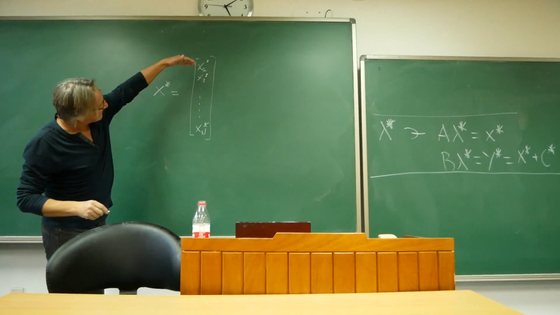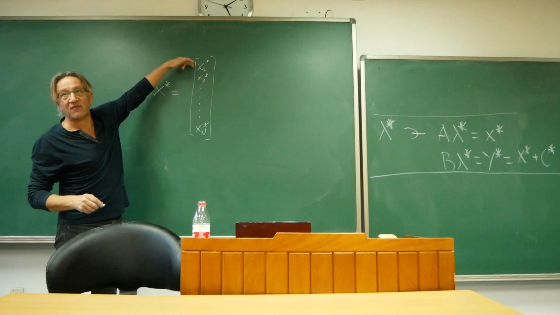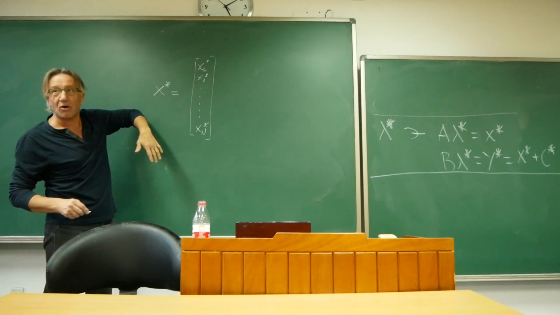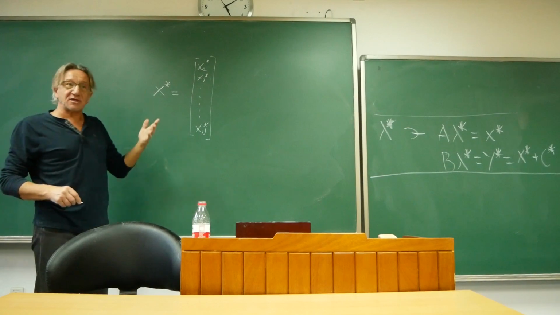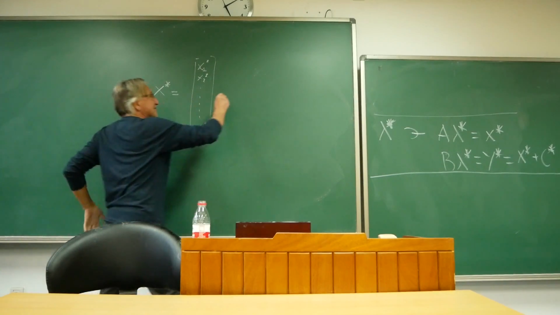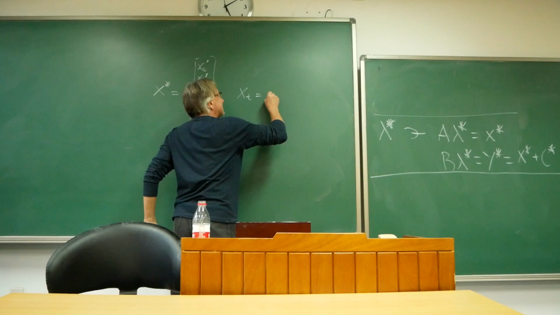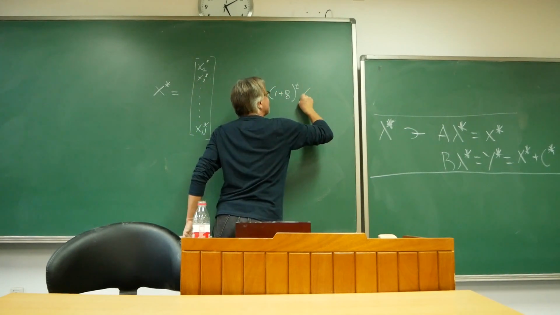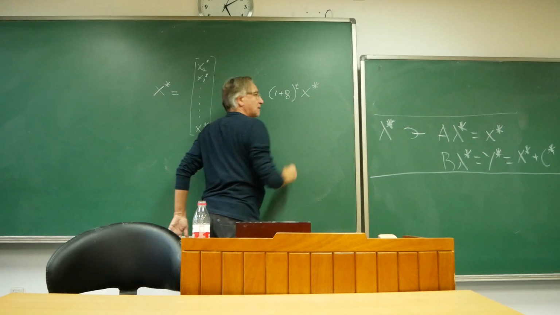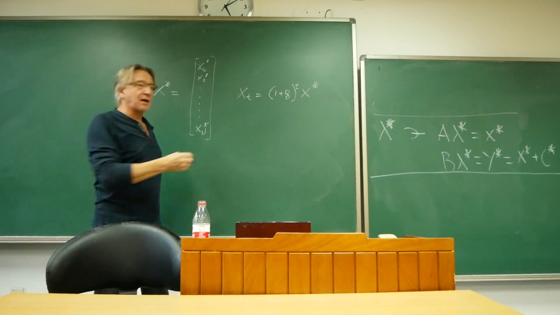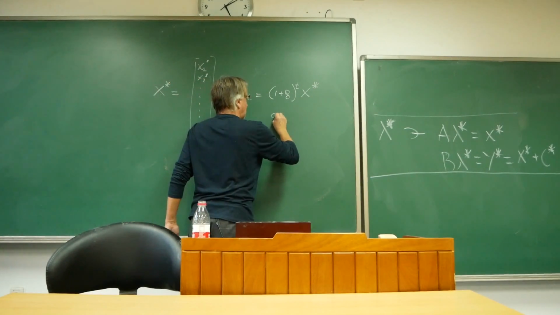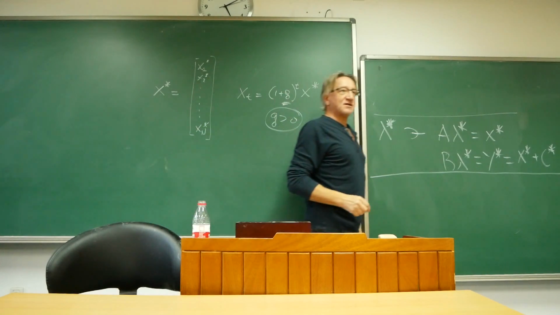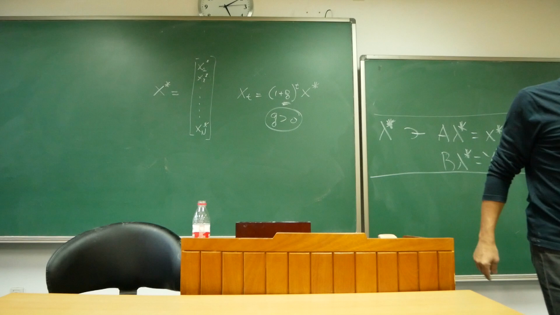And these ratios, the ratio between the first input and the second, the first input and the third, the first input and the fourth, and so on, right, are constant over time. So that the vector xt is actually (1 plus g) to the power t times x star, where g is a scalar larger than 0. That's the balanced growth rate. Right?